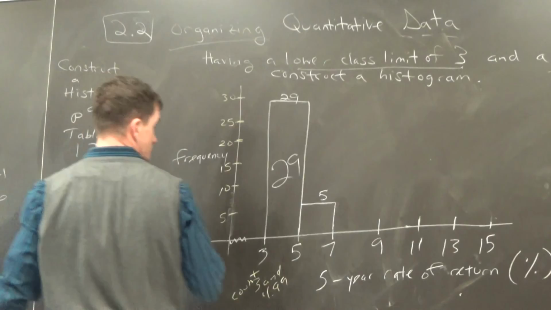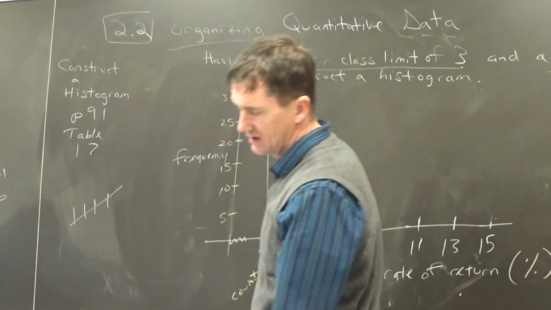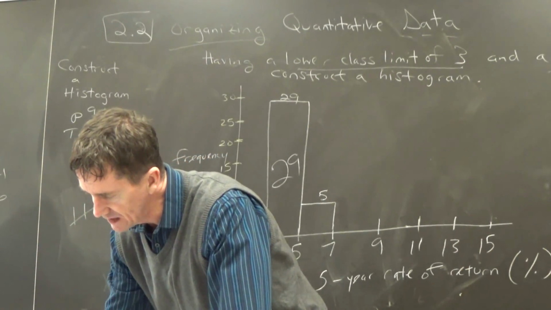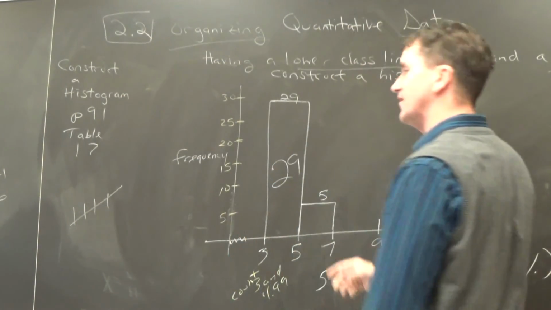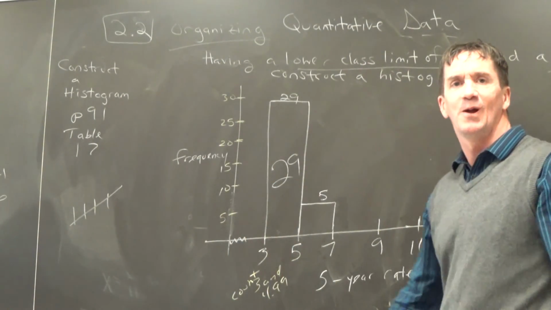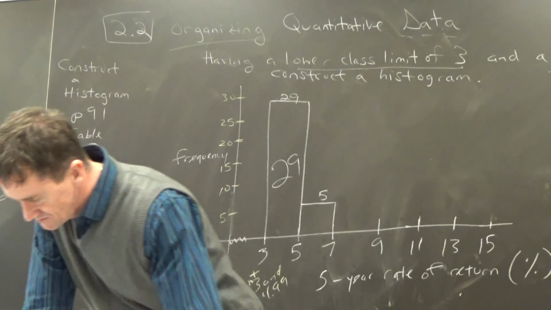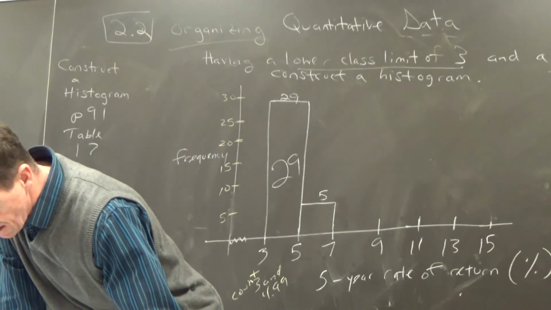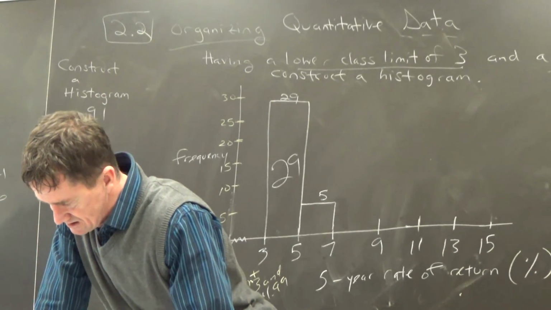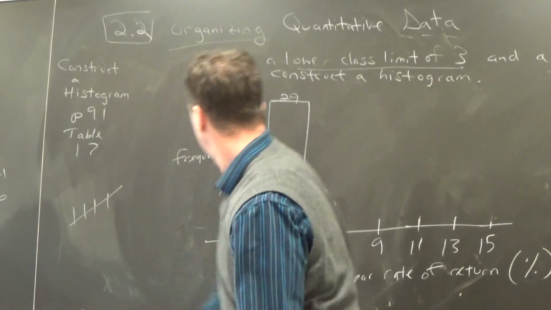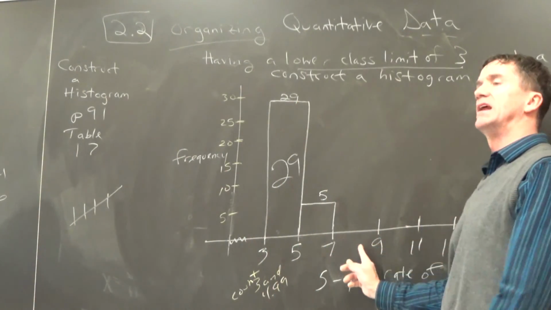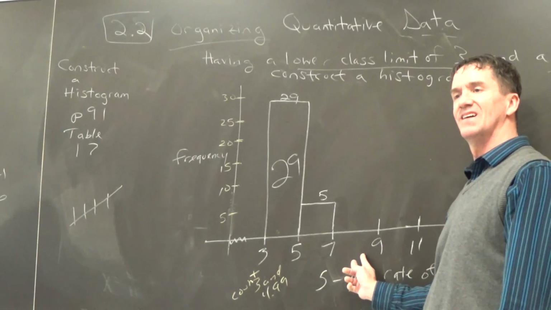So I have to figure out where the 6 values are in the rest of this. How many numbers are between 7 and 9? There's not many, are there? Or I should say between 7 and 8.99. How many are there? One, right? Just one?